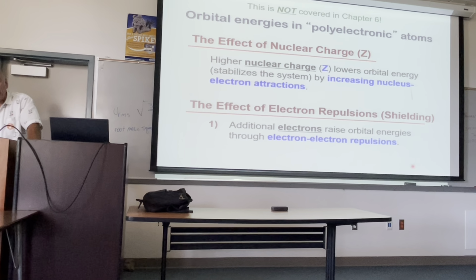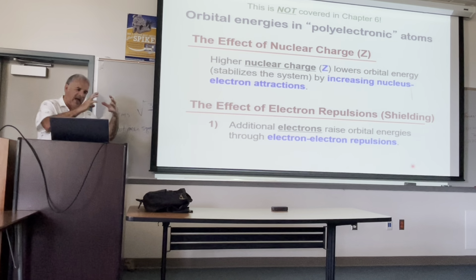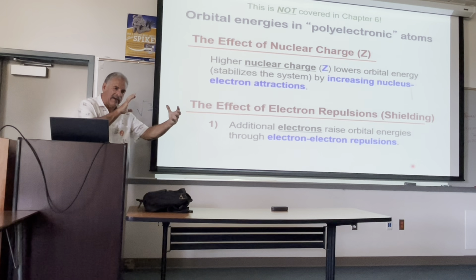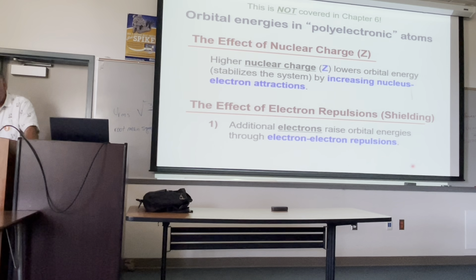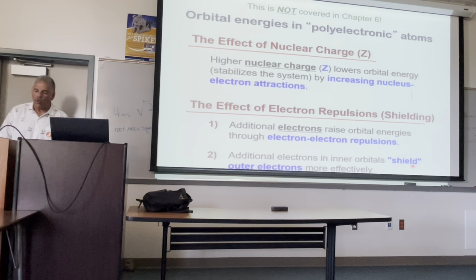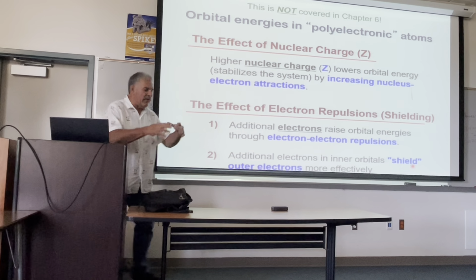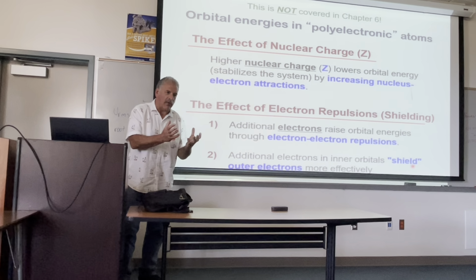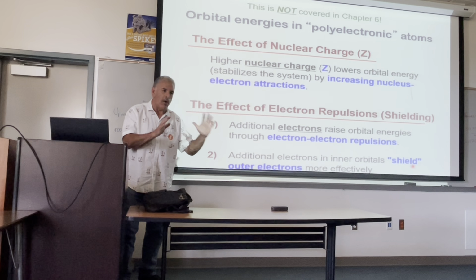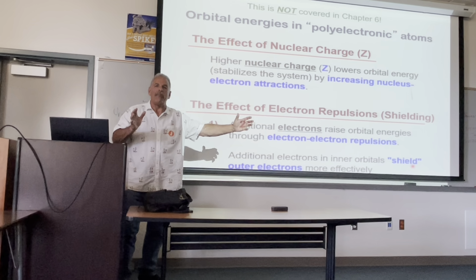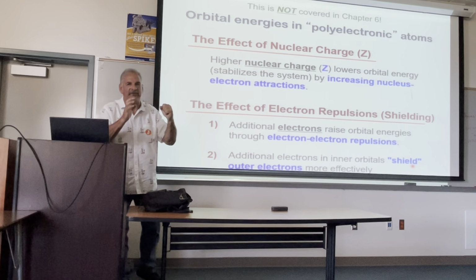So as you add electrons to the outside of the element, you're going to have electron-electron repulsions. Additional electrons in inner orbitals shield the outer electrons more effectively. So the electrons in the interior orbitals, the electrons that are closer to the nucleus, lower the energy levels of the outside orbitals because the nucleus can't see them as well.